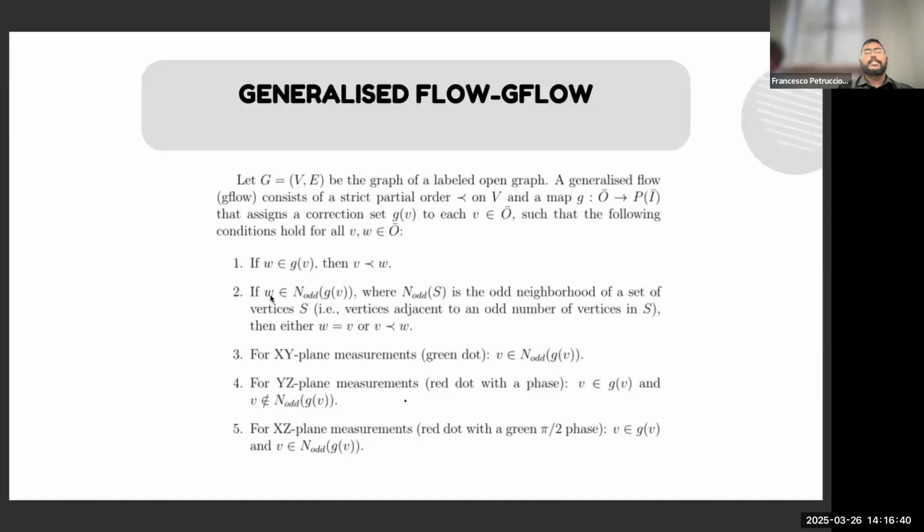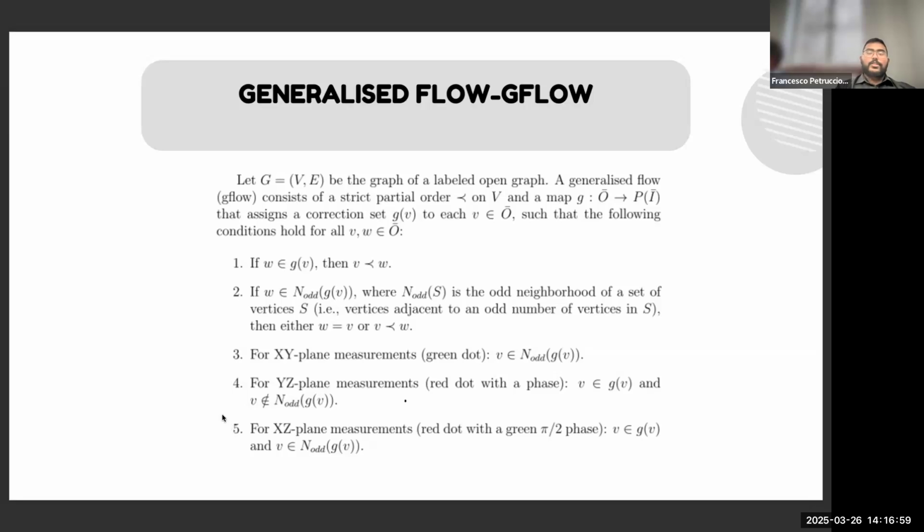So for all these vertices W getting this extra pi phase, we want either W to equal V or V must be measured before W. Because if this weren't true, then we'd be affecting outcomes of past measurements and it would not be deterministic.